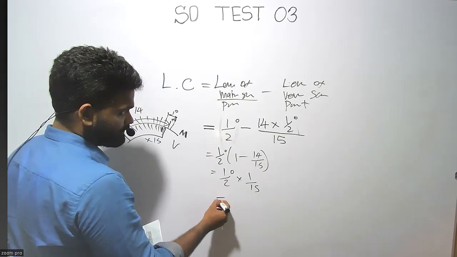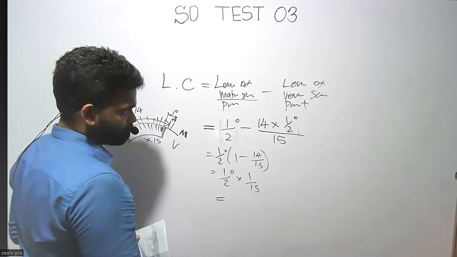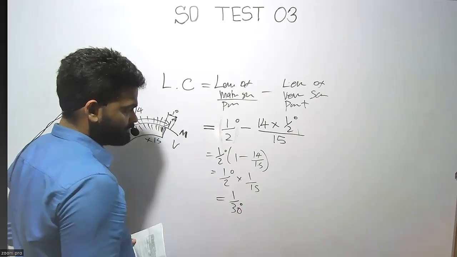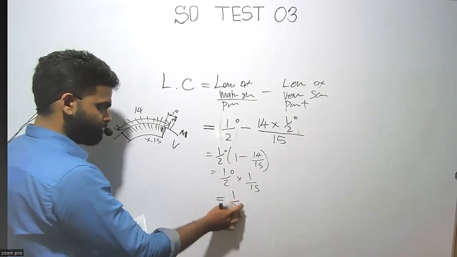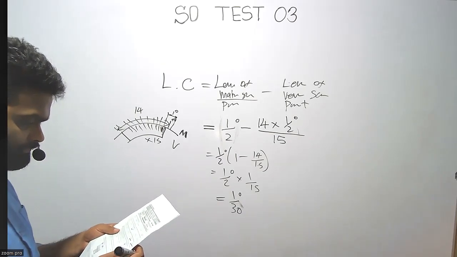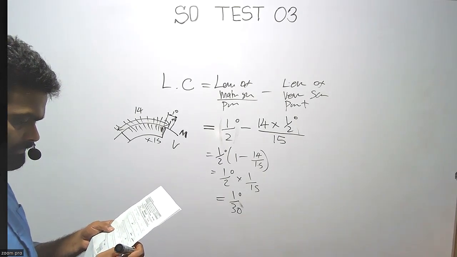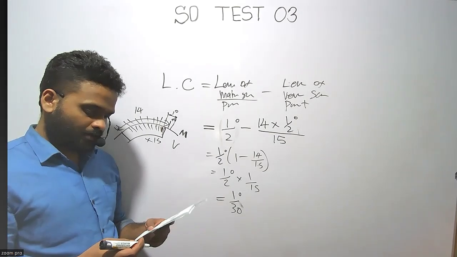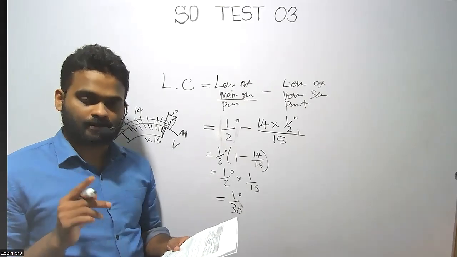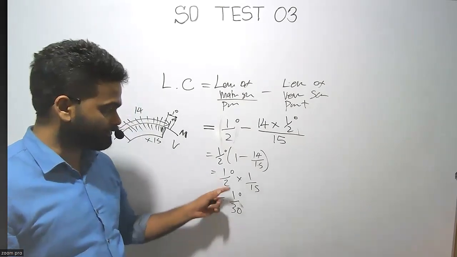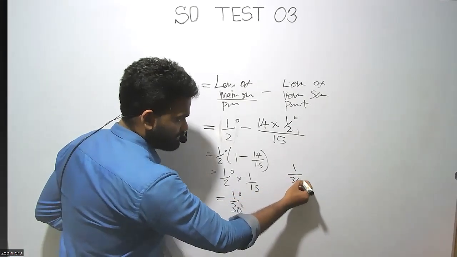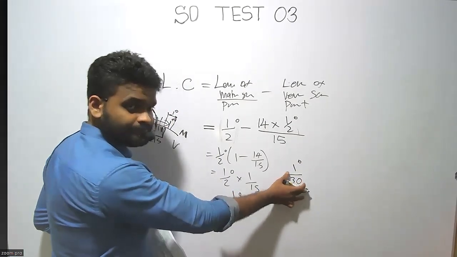What do you get? 1 over 30 degrees. So 1/30th of a degree. So the answer should be the fifth one, right? The answer should be the fifth one, 1/30th of a degree. So what is this? 1 degree is divided into 30 parts.